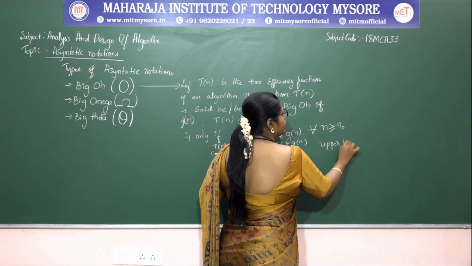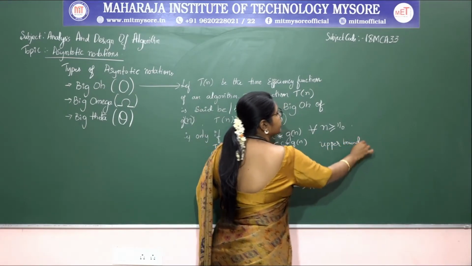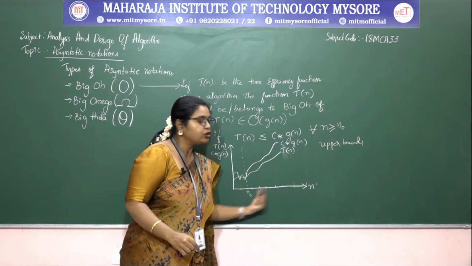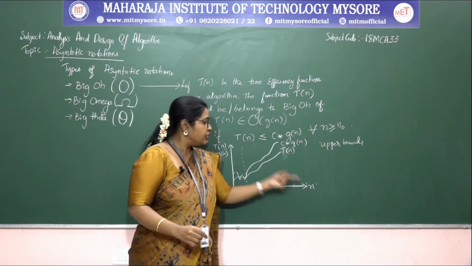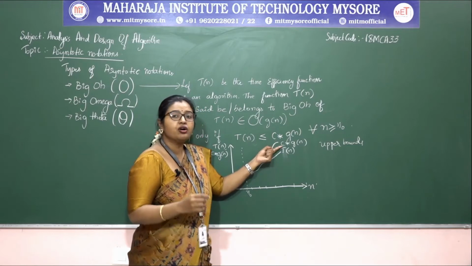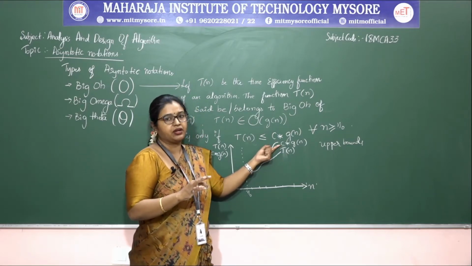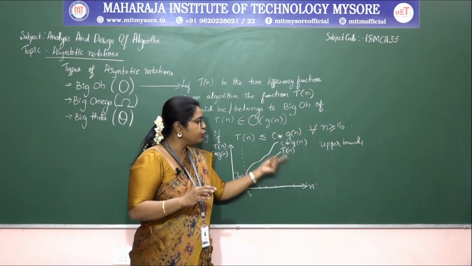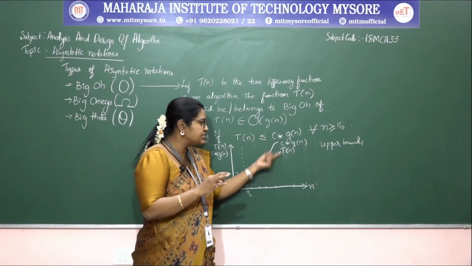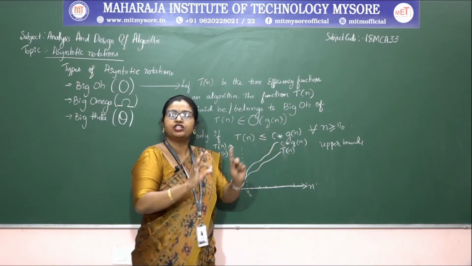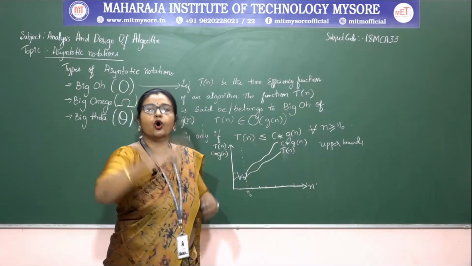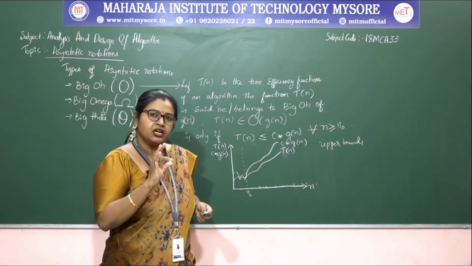What does the upper bound of the algorithm mean? For any given set of inputs, your c into g of n will be the greater one. So for any set of input, your T of n will lie under this c into g of n only. It won't go beyond the c into g of n.